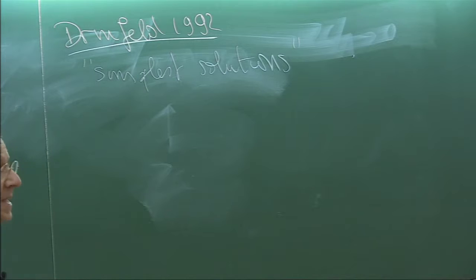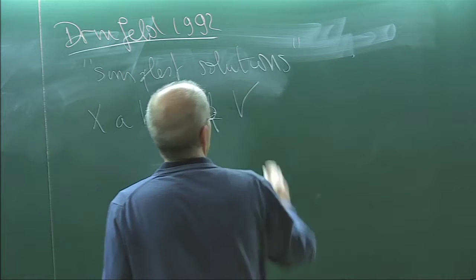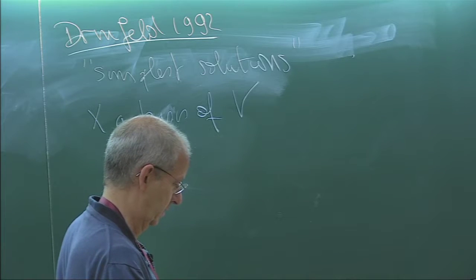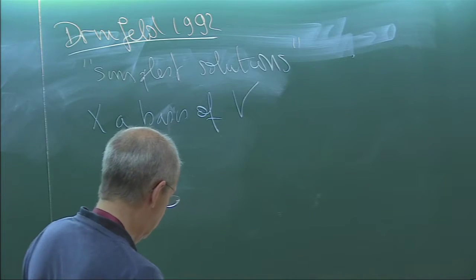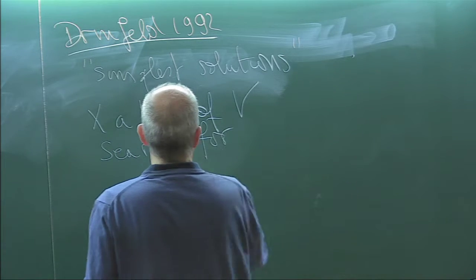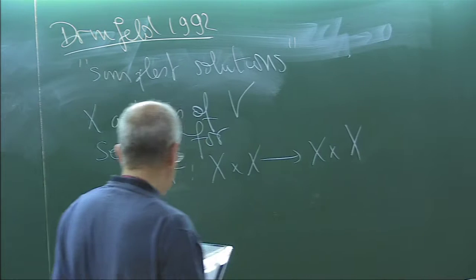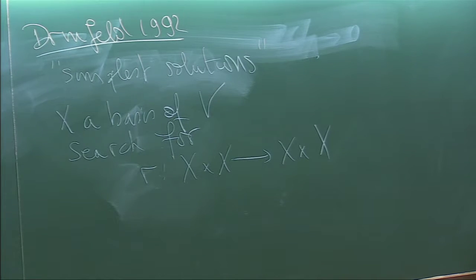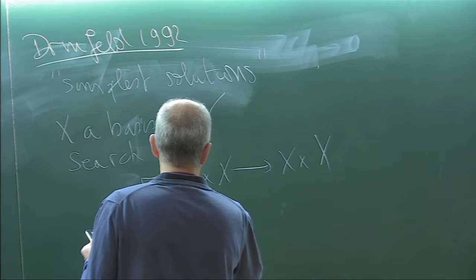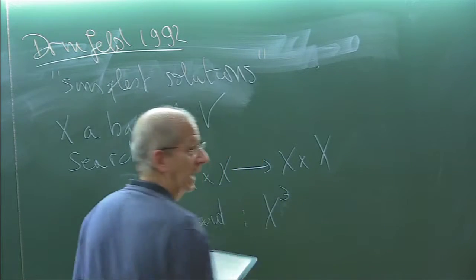Well, you take a basis, say X, and you look for mappings R, which I will denote by a little r, from X squared to X squared, such that this identity is satisfied, but now replacing the tensor product: r times the identity, acting on X cubed.